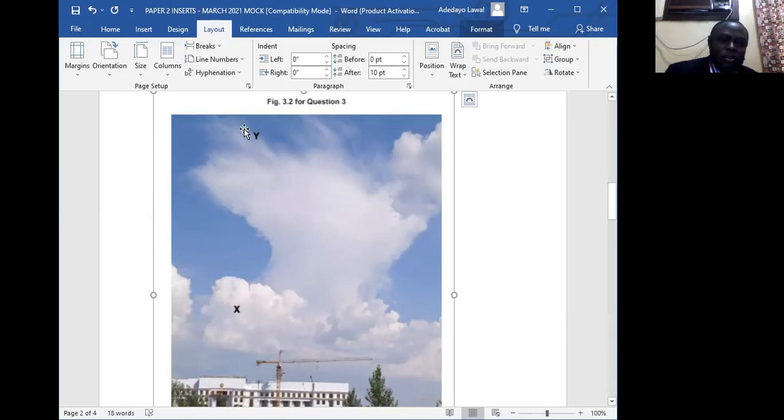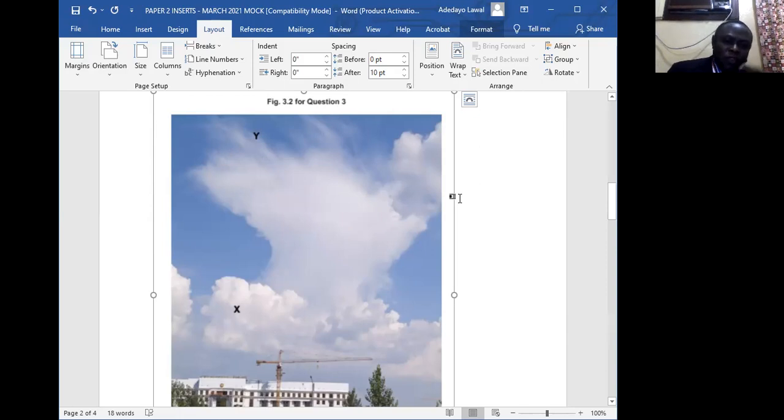And this cirrus is thin. You can see that it's thin and it's farther into the sky, thin, wispy. So those are the basic descriptions you can give.